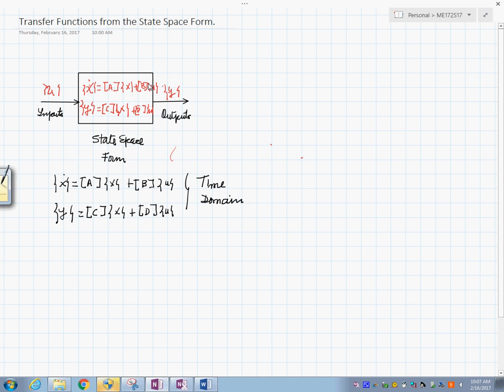Our title of our explanation today says transfer functions from the state space form. So that's our objective.